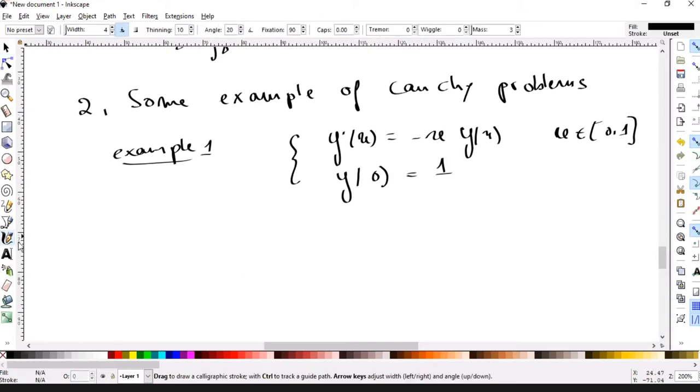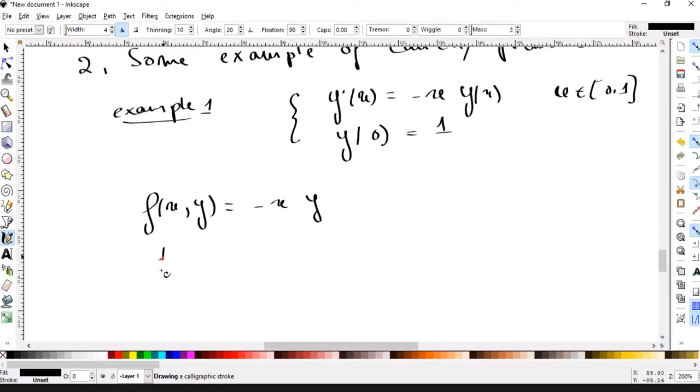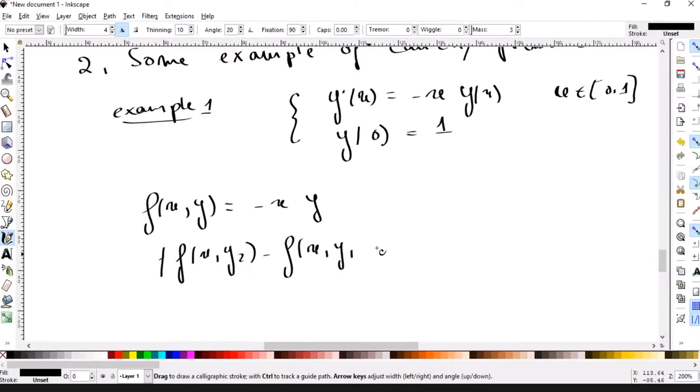let's see if this is a Lipschitz problem. So the function here, f of x, y, is minus x y, right? If you take the absolute value of f of x, y2 minus f of x, y1, you get the absolute value of x times y2 minus y1.